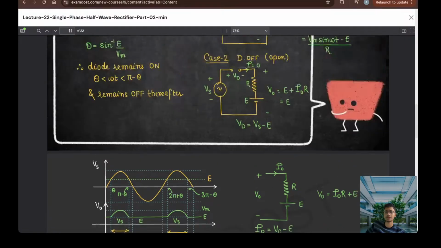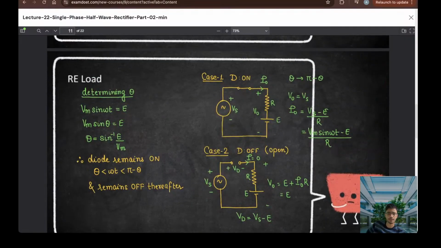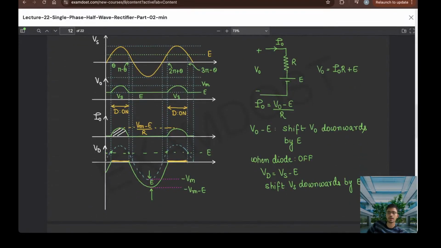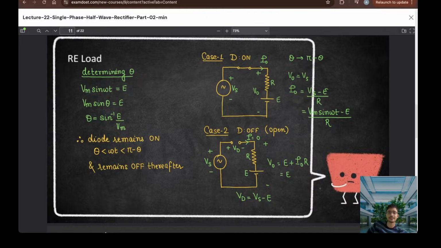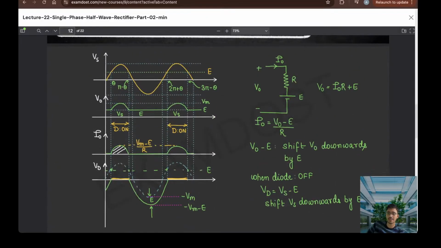Want to know the VD? Here VD is 0 when the diode is on, and when it is off, VD is Vs minus E. So we know Vs, we should shift it by E only.